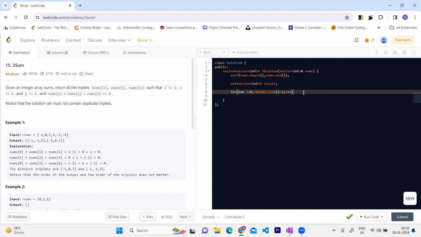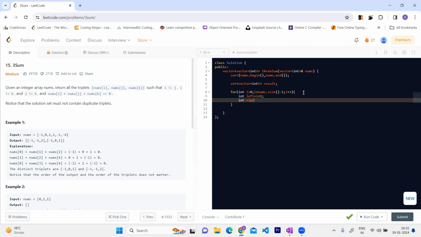Then i plus plus. After this, we'll follow the two-sum approach. Now our left pointer will be pointing to i plus 1. Why i plus 1? Because it will be the second element, except for the first element, which is the fixed element we are fixing initially.